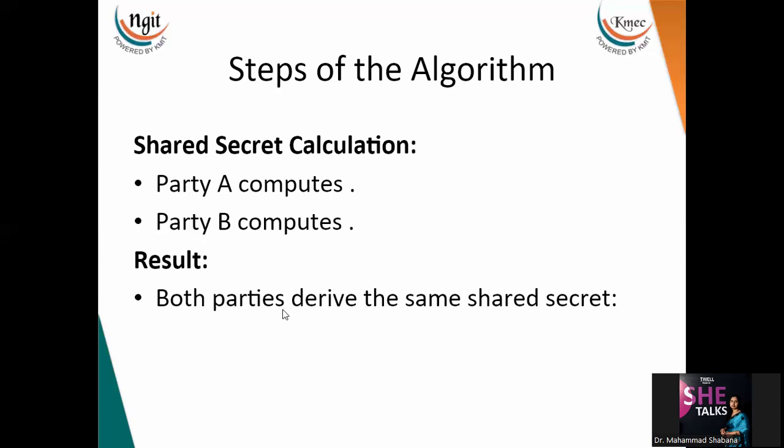For party A, s is equal to B power a mod P. For party B, s is equal to A power b mod P. So the shared secret s is the same for both parties, given by s is equal to G power ab mod P. This shared secret can now be used as a cryptographic key.